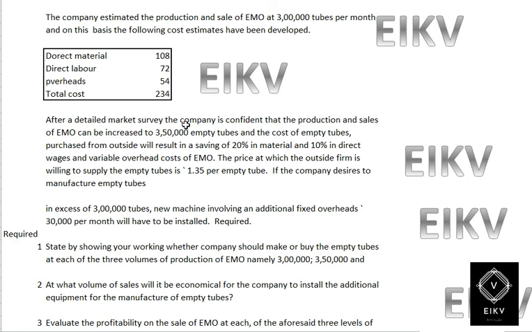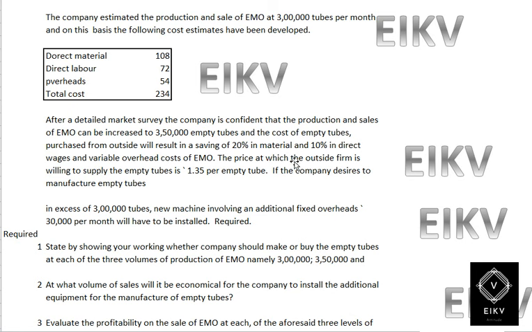After a detailed market survey, the company is confident that the production and sales of EMO can be increased to 3,50,000 tubes, and the cost of empty tubes purchased from outside will result in savings of 20% of material and 10% of direct wages and variable overheads of EMO.